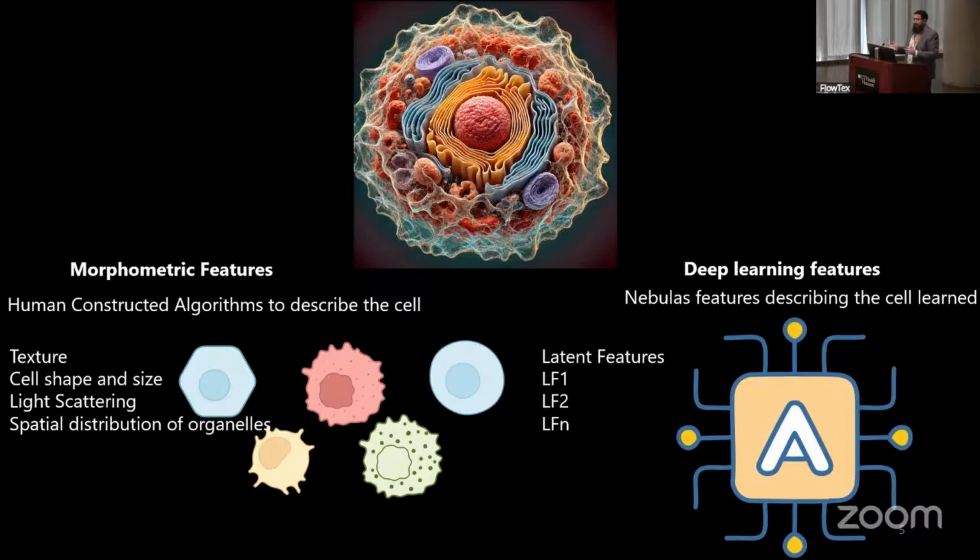Now, on the other side, we have deep learning features, but these are very nebulous. It's a black box, and you're trying to interpret these. Often, you're doing it after you have your classification model, but that's limiting us in terms of what changes in the morphology actually mean something. And the deep learning features are often these latent features or these embeddings from the model.